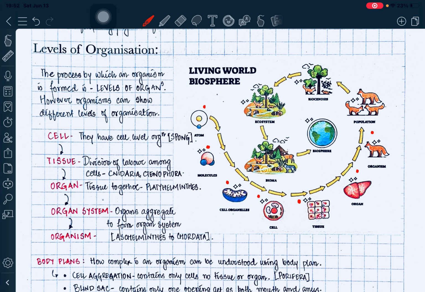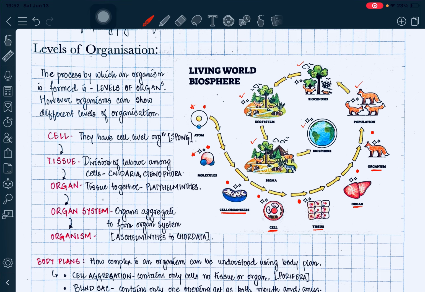Other than that, we also have the population, the biome and other levels, which we will discuss in later chapters. Also, we will discuss atoms and molecules in chemistry, not in biology. So in biology, we will continue our discussion based on how a cell is formed, from that cell tissues are formed, from that tissue an organ is formed, and from that organ a system of organs is developed inside an organism.